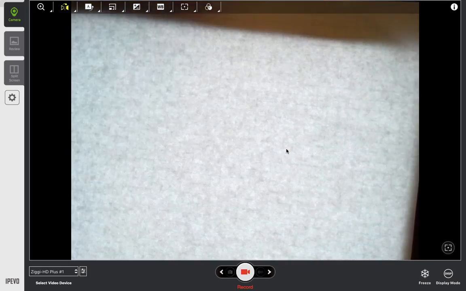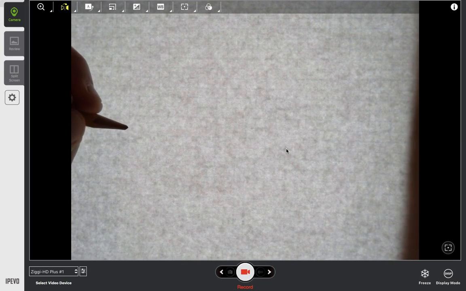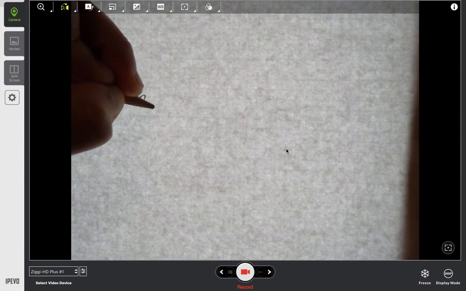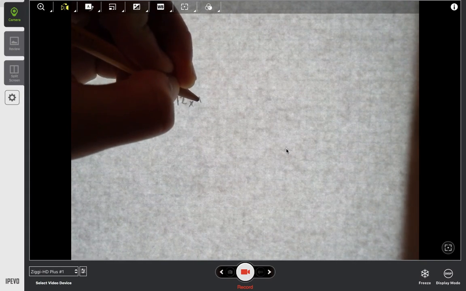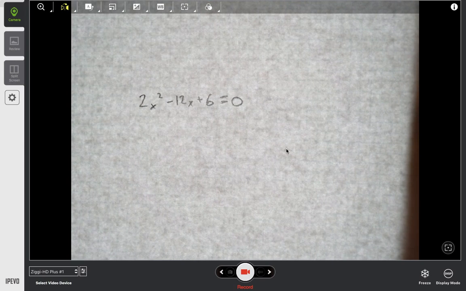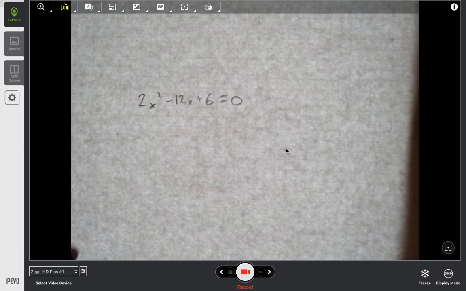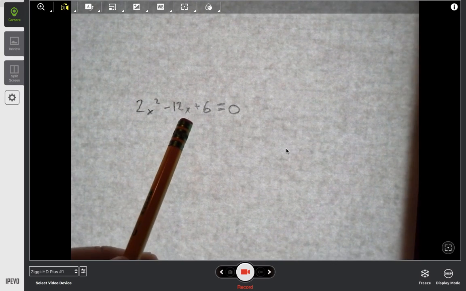I've got 2x squared minus 12x plus 6 equals 0. Now I'm thinking of completing the square, so usually the first thing you want to do is get rid of that constant, but I also see a GCF that I can pull out from everybody.